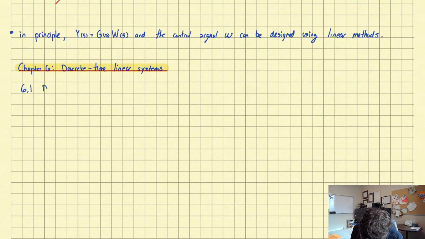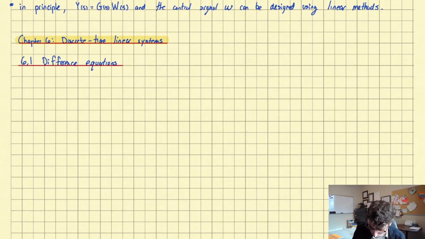6.1, difference equations. We saw them in chapter 4 when we were discretizing continuous time controllers. Let's talk a little bit about them in more generality. It's a common way to model discrete time systems.